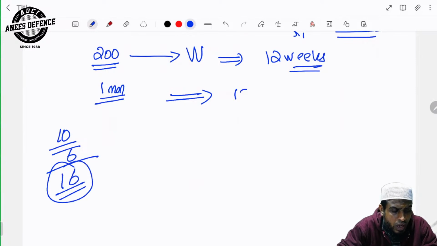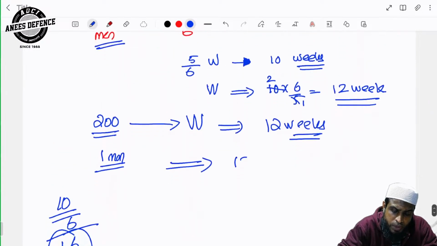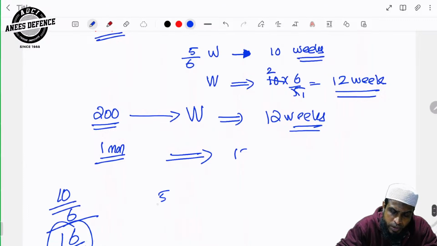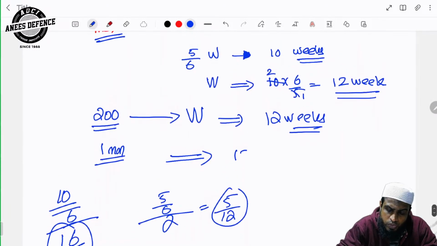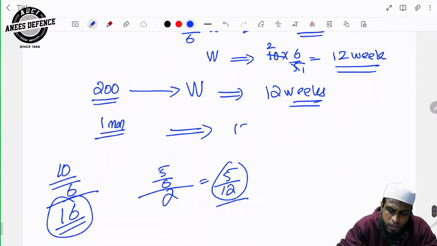Due to flood, half of the work done was wasted. So if half of the work done is wasted, 5/6 by 2 means only 5/12 of the work is completed.